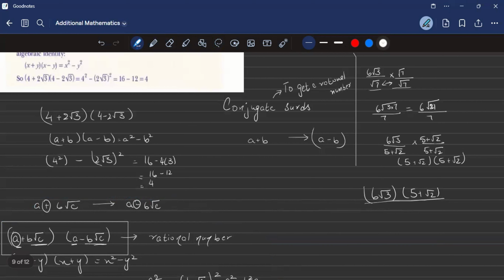In fact, I would use the quadratic identity a plus b whole squared, because this is the same value. So a squared plus 2ab plus b squared.